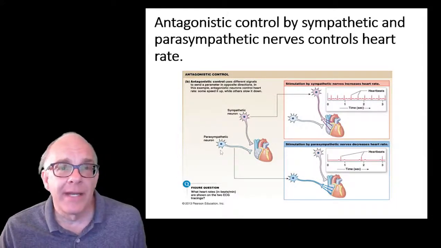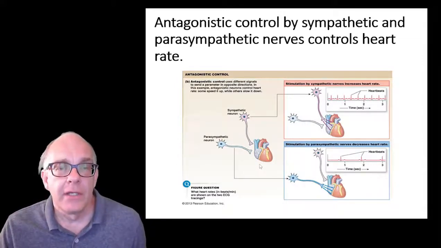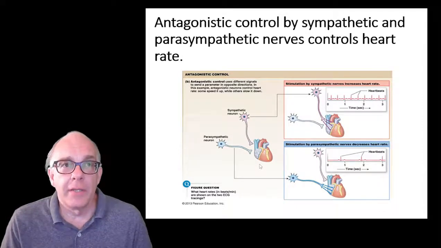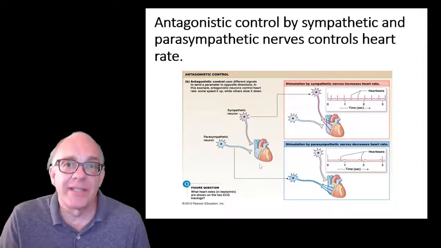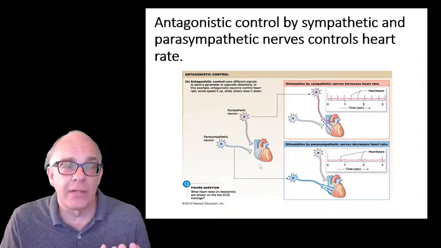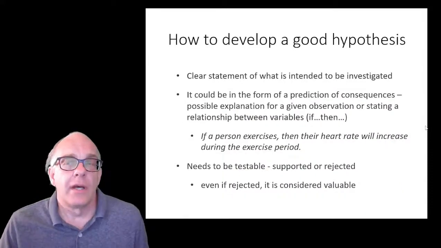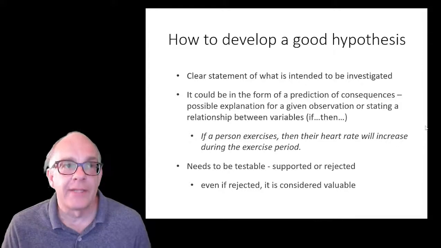The parasympathetic is your rest and digest system, and that's going to have an effect of attempting to slow down the heart. So what we're looking at with our heart rate is that balance occurring between the antagonistic control of the sympathetic neurons increasing the heart rate and the parasympathetic neurons decreasing the heart rate.